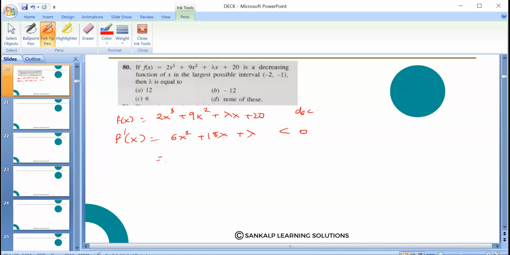Suppose we take 6x squared plus 18x plus lambda equal to 0.